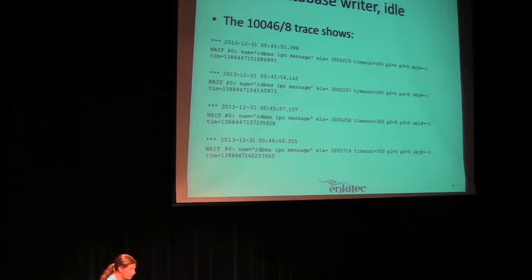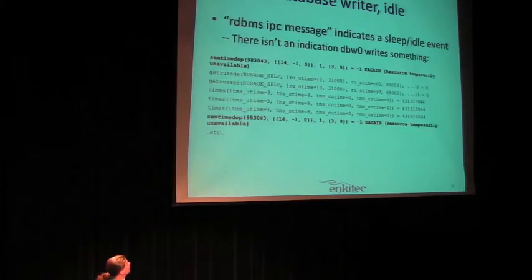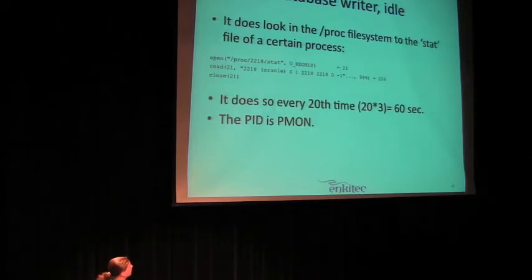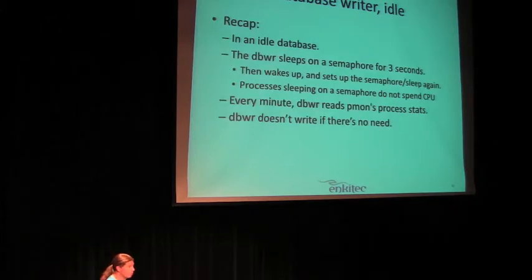The database writer more or less follows the same pattern. It sleeps on RDBMS IPC message, and in between it does nothing if it doesn't need to. Also every 20 timeouts, so every 60 seconds, it will check if the PMON process is still alive. So that's the same as with the log writer, fairly simple.